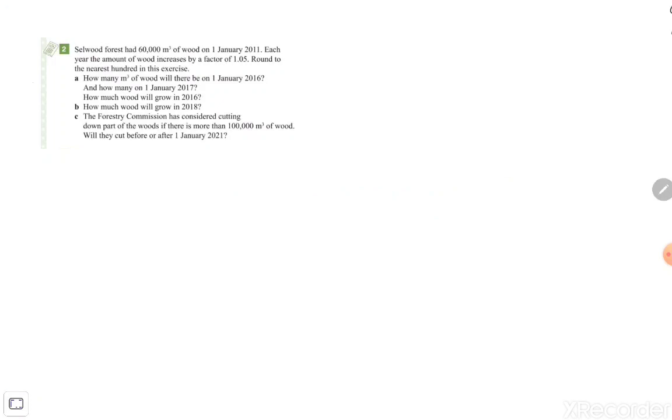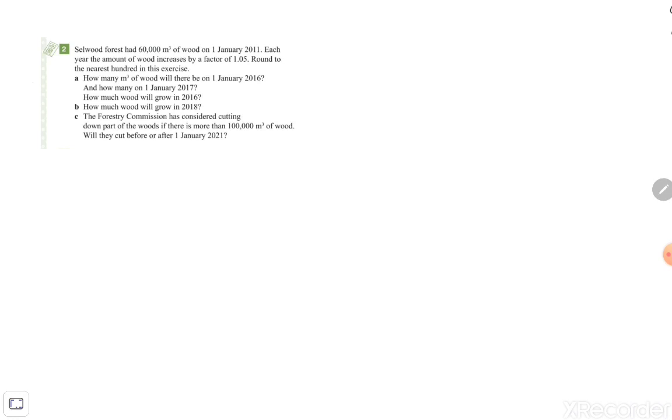Alright, now the last exercise. The Forestry Commission had considered cutting down part of the woods if there are more than 100,000 cubic meters of wood. Will they cut before or after 1 January 2021? And you always need to say why it is before or why it needs to be after 1 January 2021.